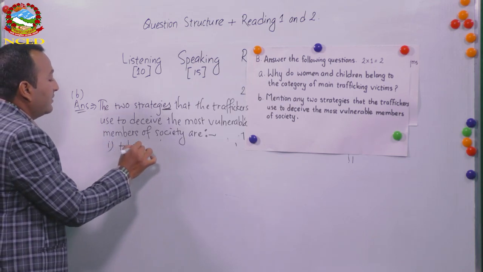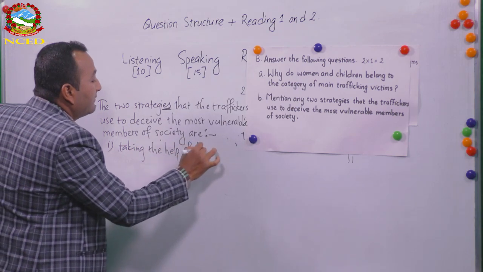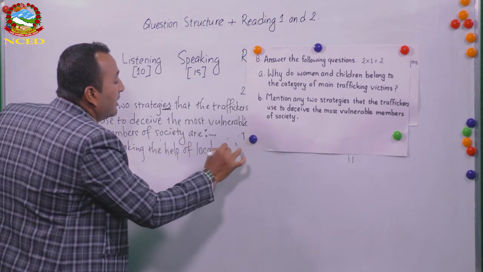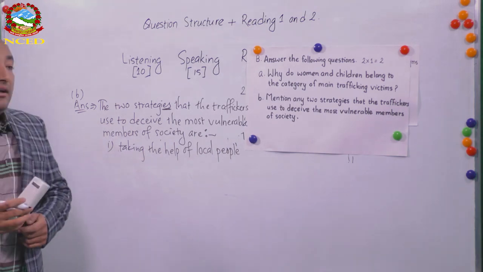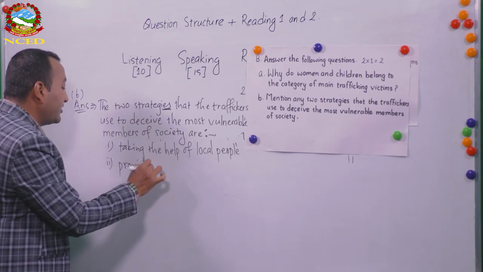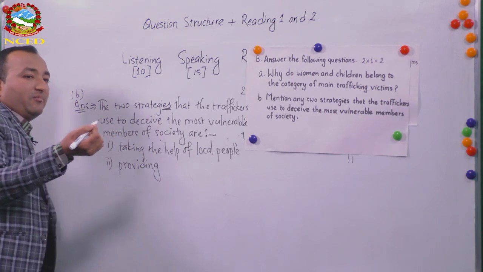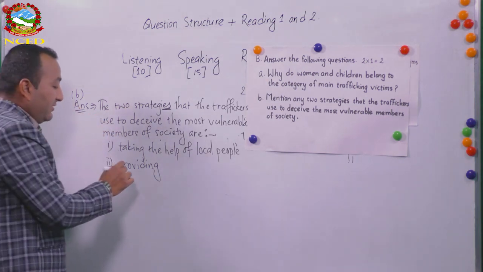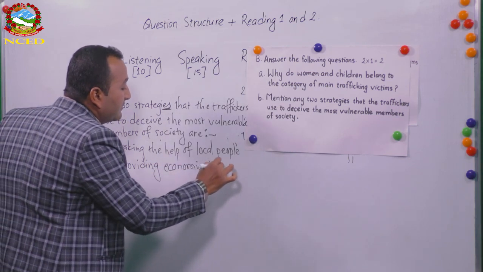Taking the help of local people, and secondly, it says in the passage, they provide incentives, providing economic incentives, or they provide money also.